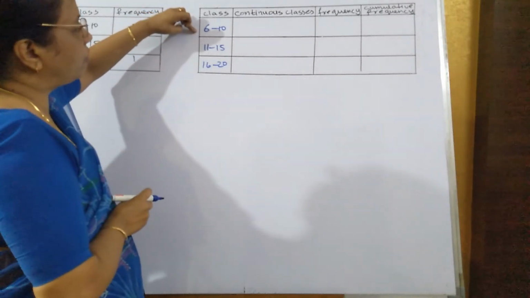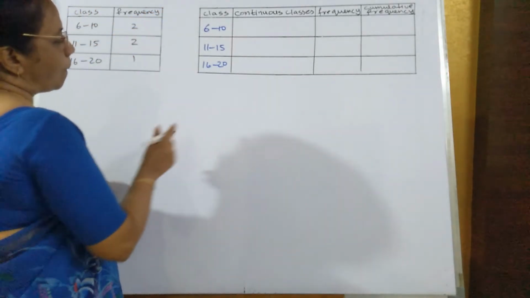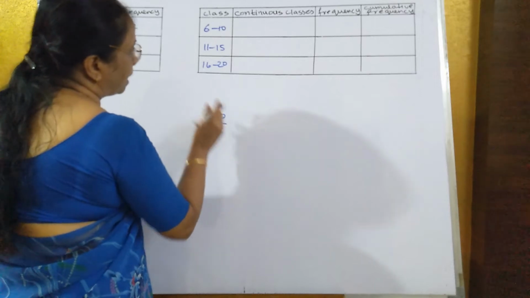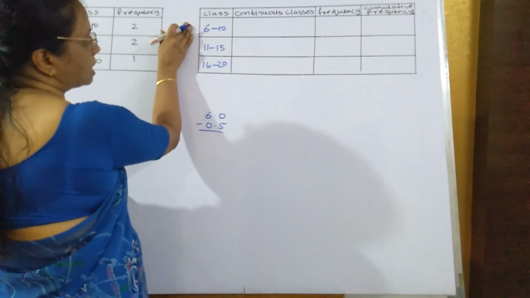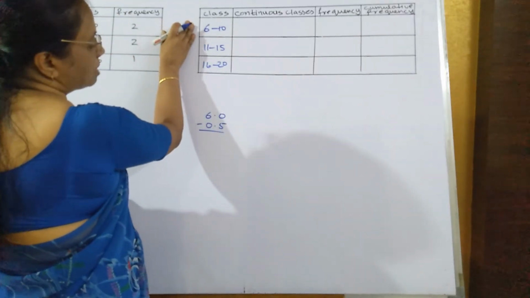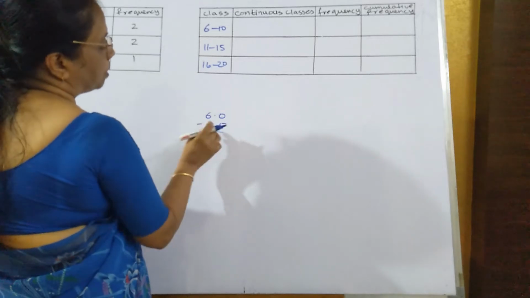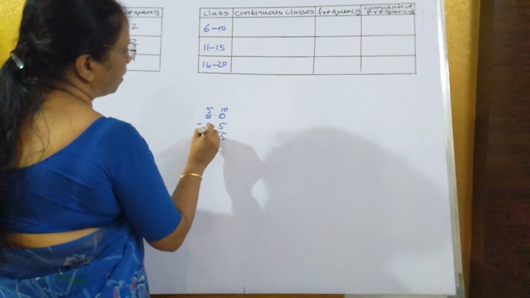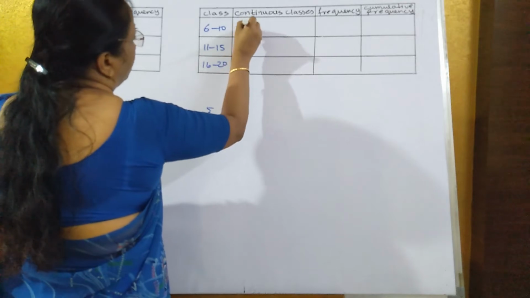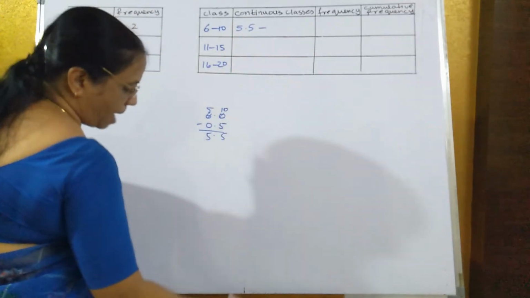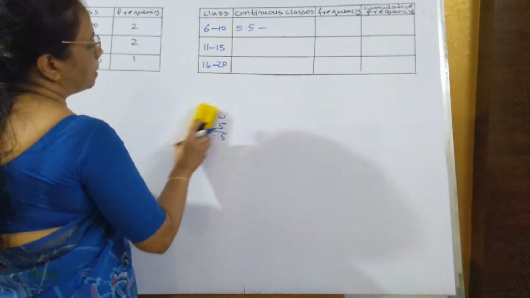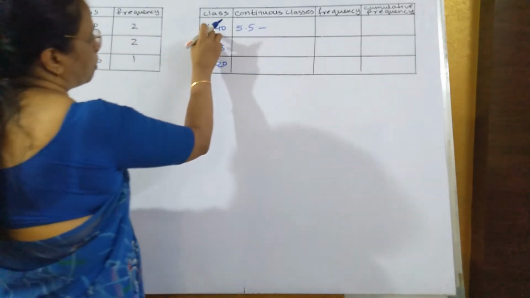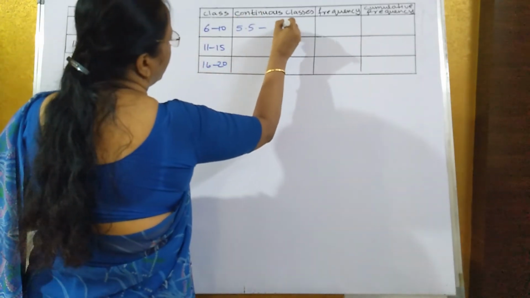Now make it a continuous class. You have to subtract 0.5 from the lower class limit, so 6 minus 0.5 will become 5.5, and increase the upper class limit by 0.5, so 10 will become 10.5.